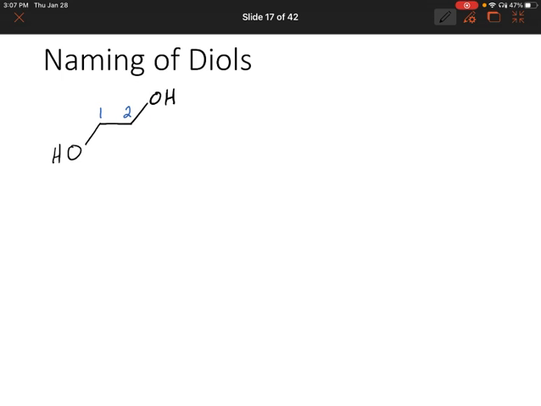Now we do have an alkane there, it's a single bond, so we're going to start by naming this ethane to indicate that we have 2 carbons. And then we're just going to add diol to the end to indicate that we have 2 alcohol groups.